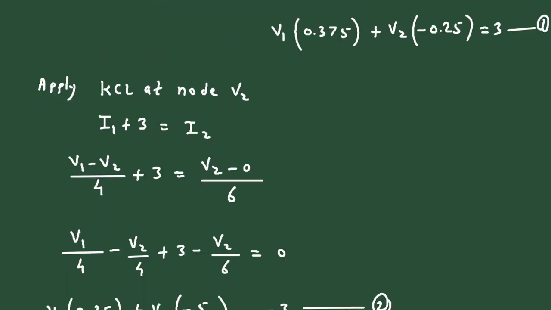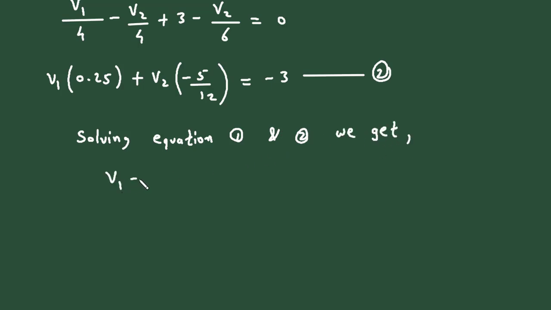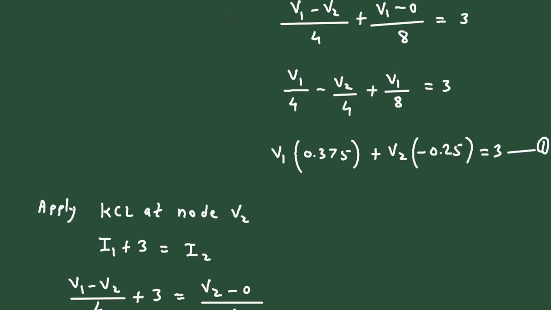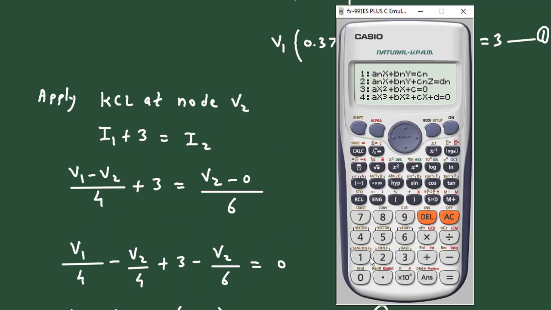Now we got two equations. If we solve equations 1 and 2, we get V1 and V2. So let's put this in the calculator. Mode 5 then 1.